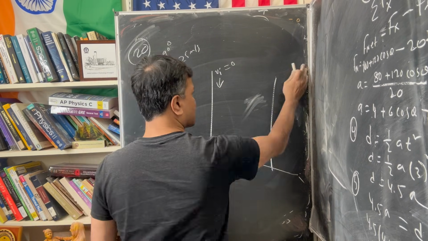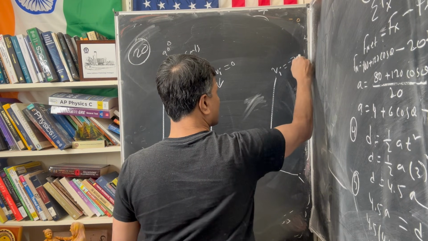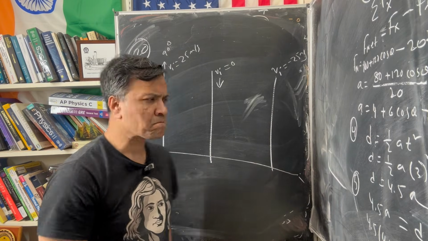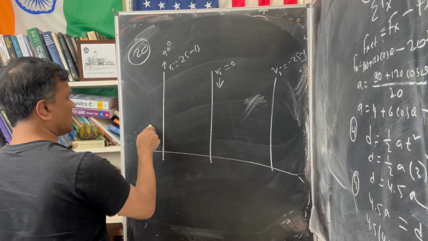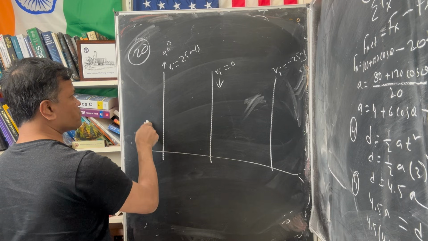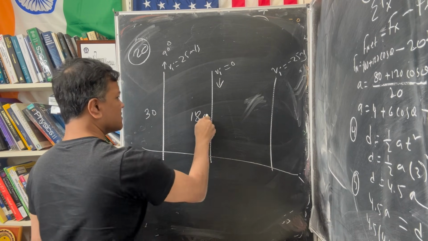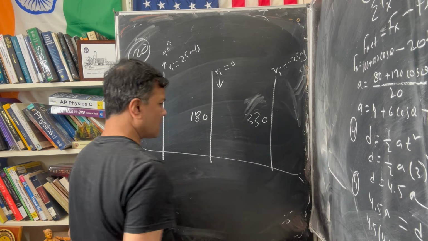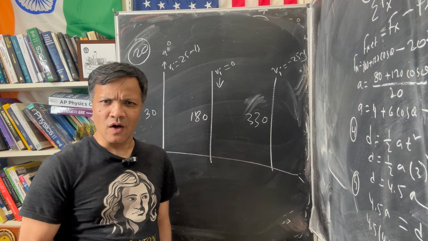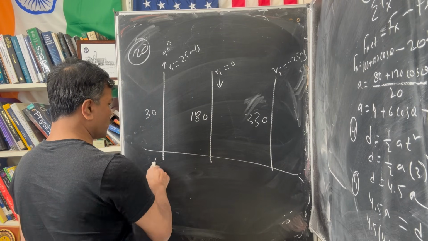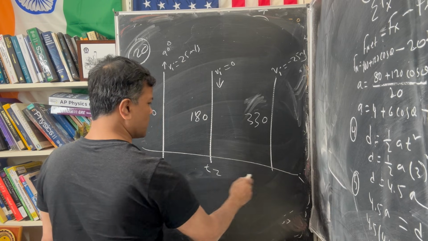For the third, initial velocity Vi is negative 25 meter per second, that means it is thrown down. The heights are 30, 180, 330. The good thing is they all fall at the same time. So T1 is equal to T2 and T3.